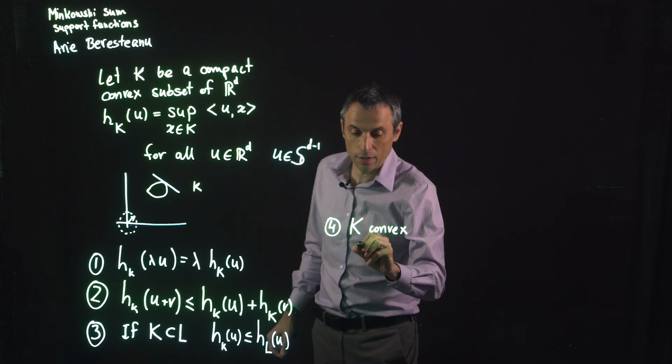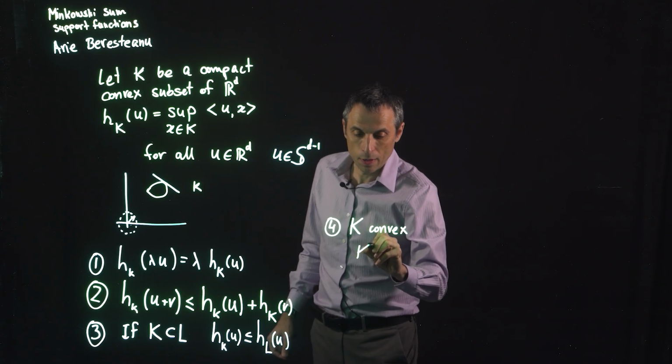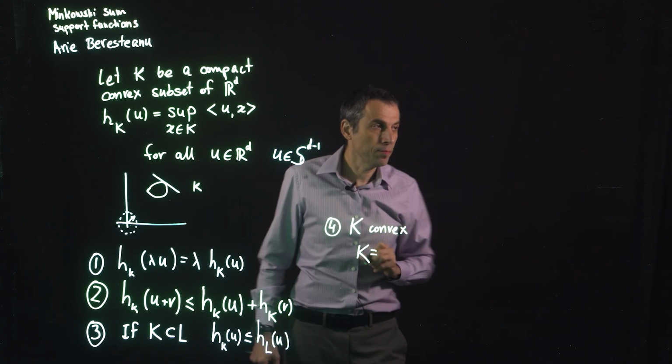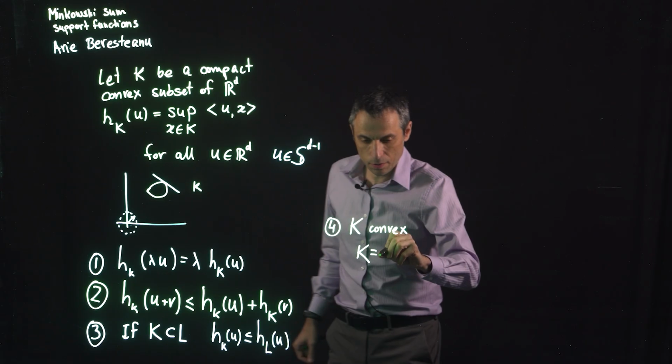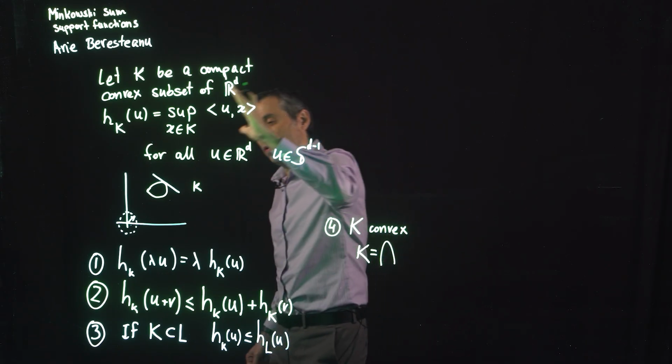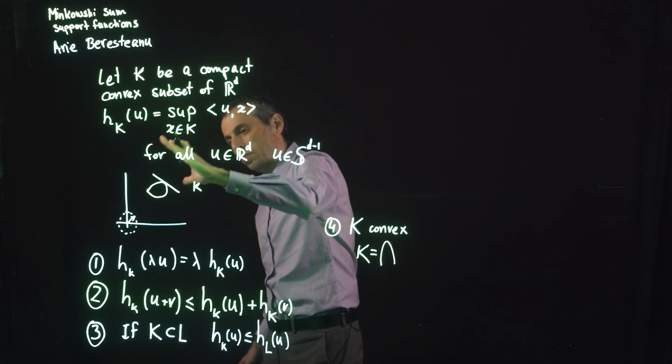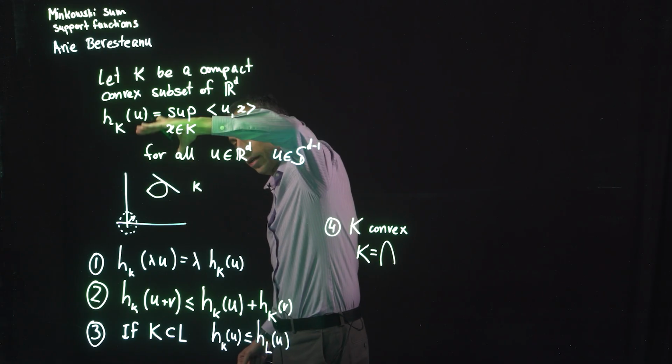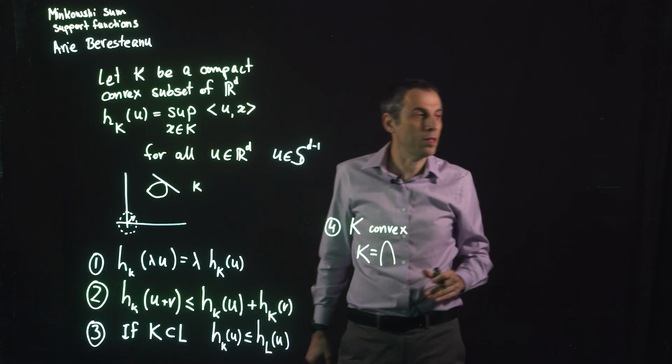So we can say that K can be written as the intersection of all the half spaces. I take everything that is below this line, and then I draw another line, everything below it, and I intersect and intersect.